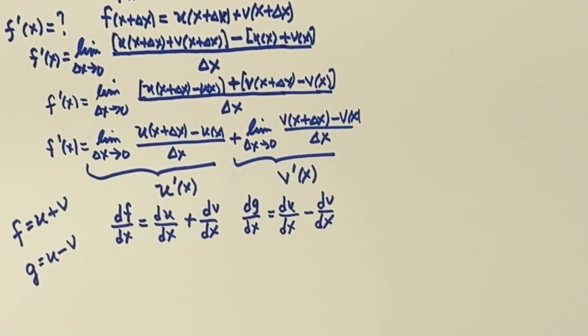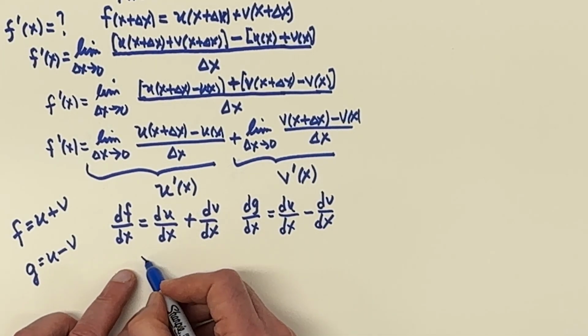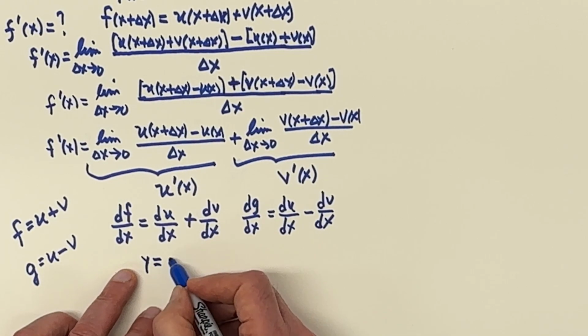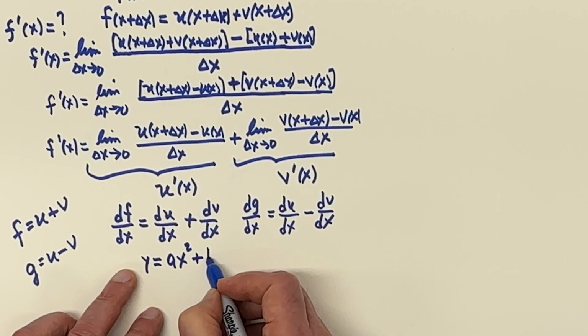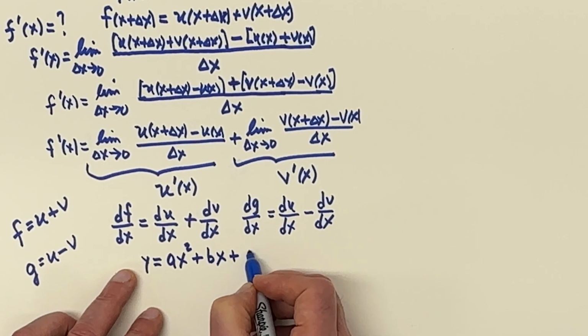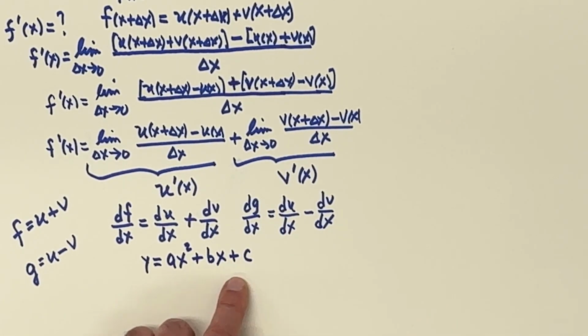How about if we use this right now to find the derivative of our general quadratic equation? We actually know the derivatives of the component parts. We have done that already in our class.